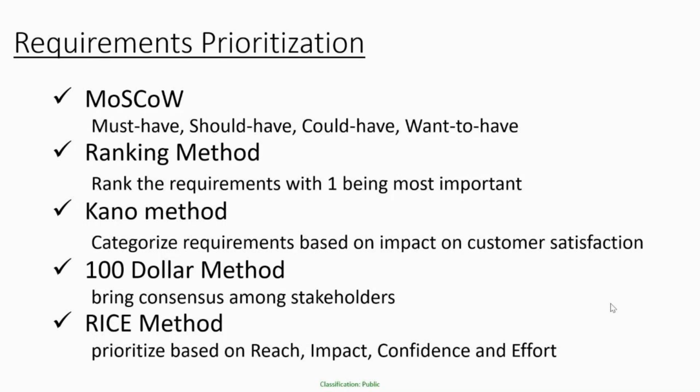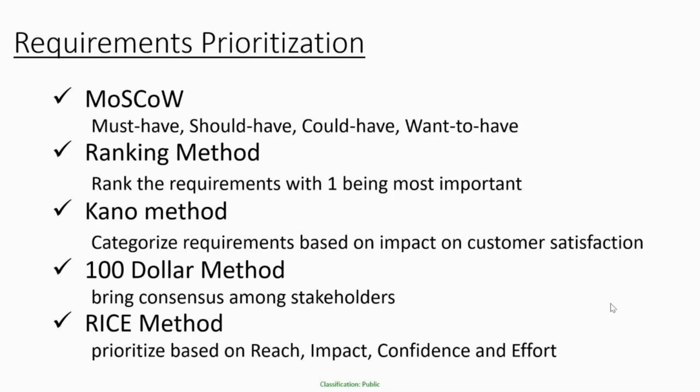Based on the name, you might have already guessed that the Kano method was developed by a Japanese professor way back in the 1980s, and it is quite widely used even now in product development, customer experience management, and things like that.